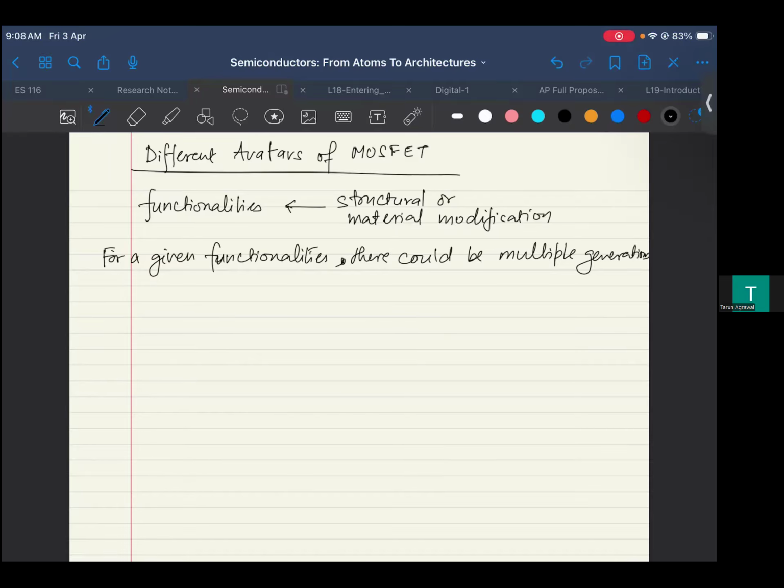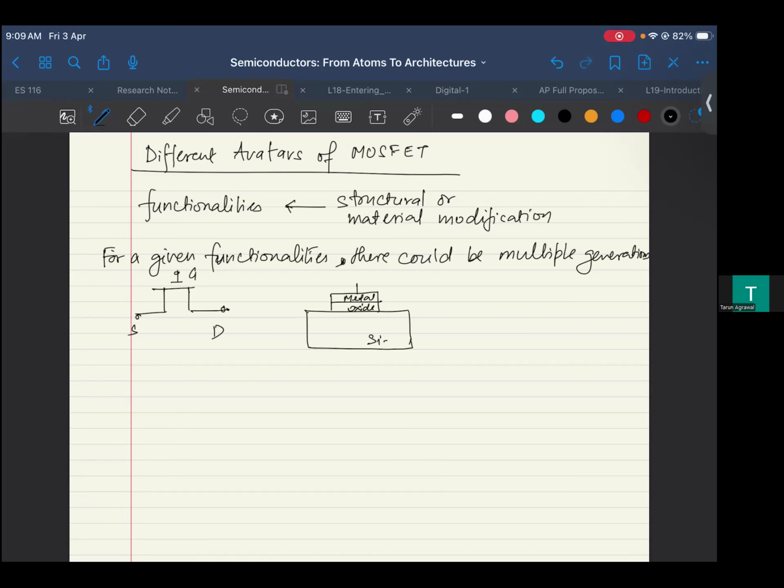So a very simple example is the switch we have been talking about, where there's a MOSFET. We also saw the physical structure of this MOSFET, which looked like there is a base, which is our silicon or any semiconductor, and then on top of that we put our metal and oxide, right?